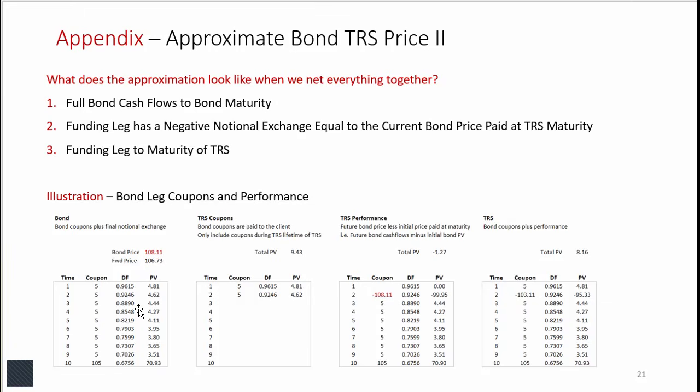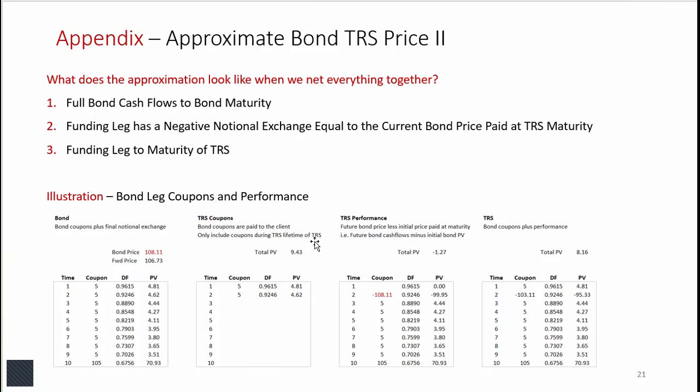And that's all I've done: we can back-of-the-envelope price the bond leg of a TRS as the price of a bond, where we add on the fixing, but with a minus value. We have a minus fixing at the time of that performance payment. That makes it very simple. All I do is I price a bond and insert bond fixings, obviously with negative values.